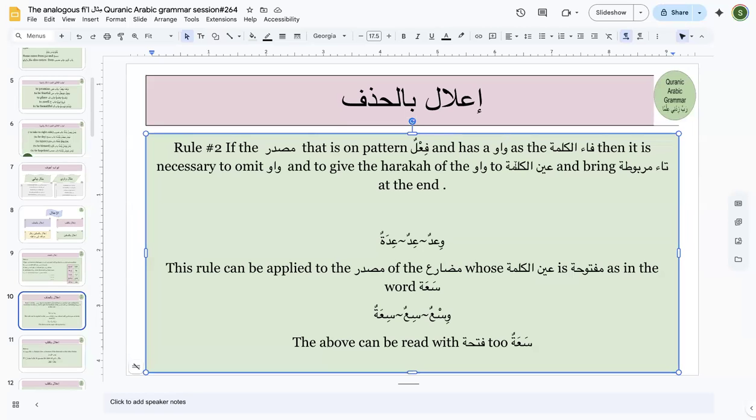Huruf halqiya are there. Yasa'u, yawsa'u became yasa'u because one of your letters was a huruf halqiya, right? Ainul kalima or lamul kalima was a harfi halqi.